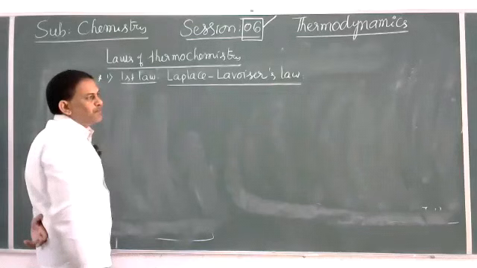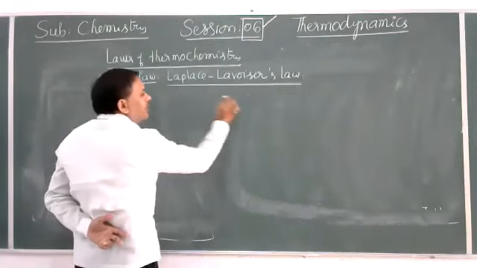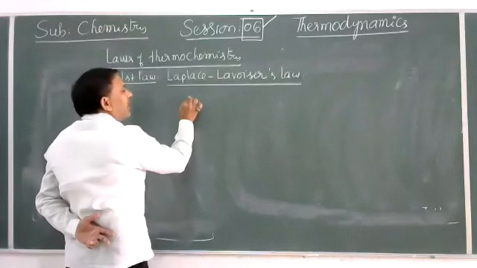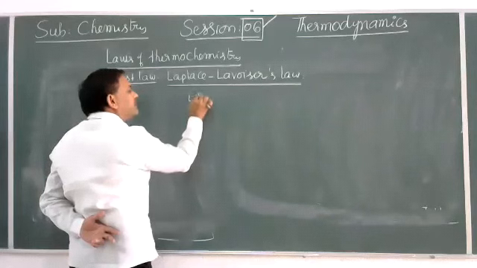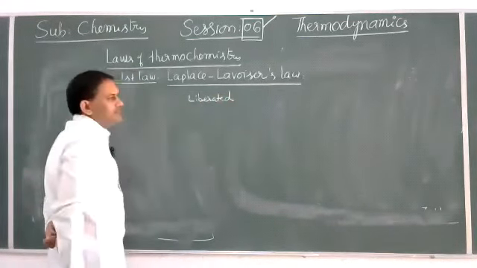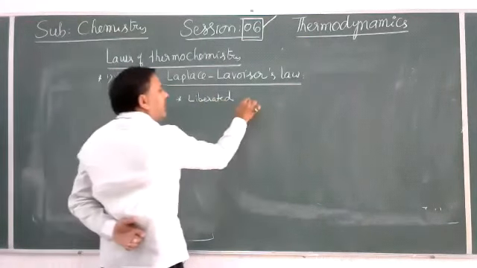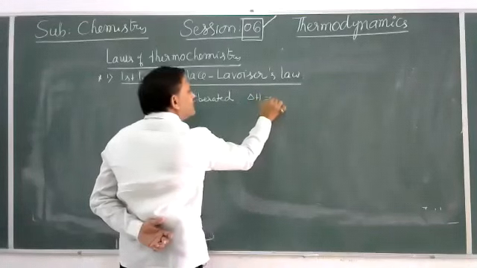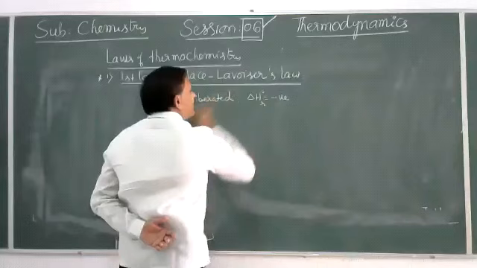According to this, when a chemical reaction takes place, for example, an amount of heat is liberated, it means your delta H is negative. This is the reaction under standard condition.